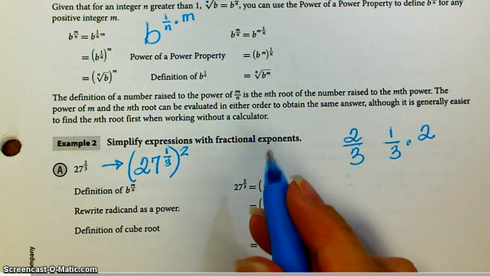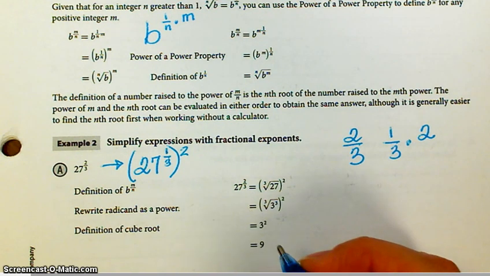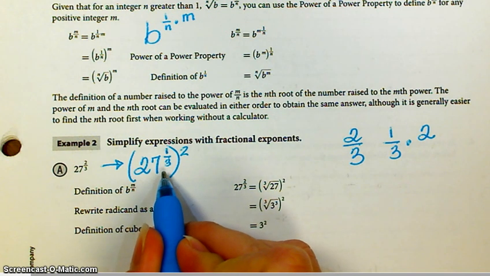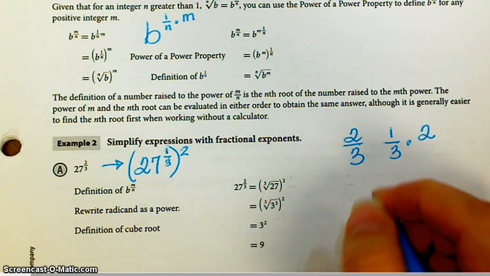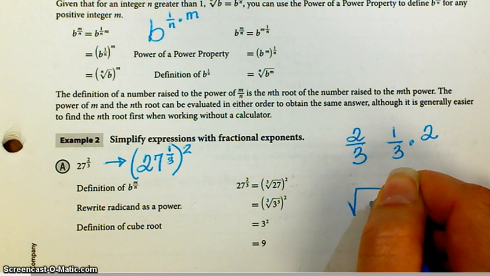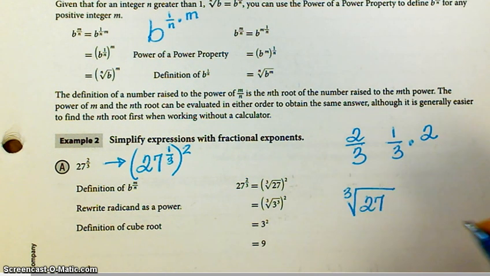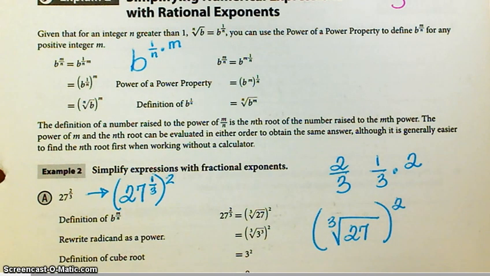All right, so you've got 27 to the 2/3 power. And that really is 27 to the 1/3, squared. But 27 to the 1/3, remember, is really the cube root of 27. So it's the cube root of 27 squared.